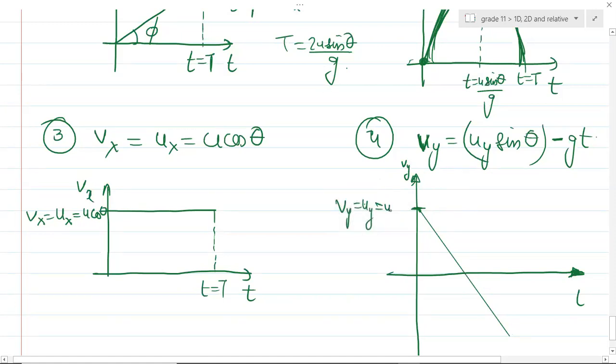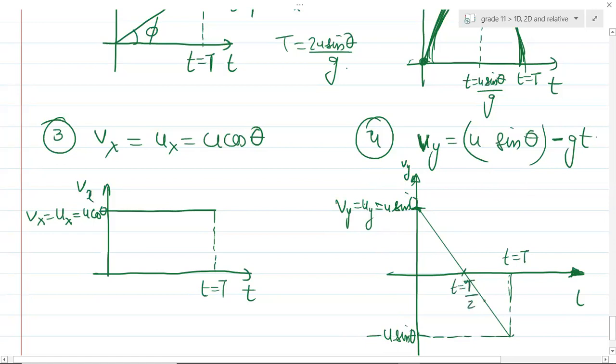So the graph starts from u sine theta and it goes till minus u sine theta over here. Ajay, can I write this time as T by 2?